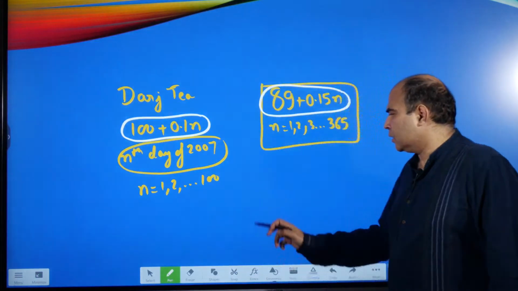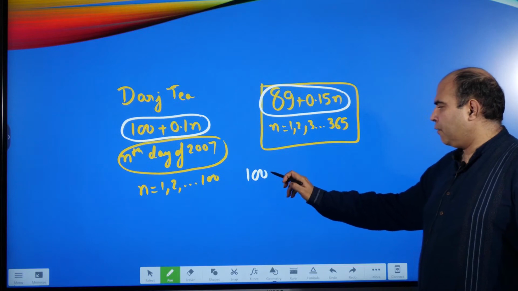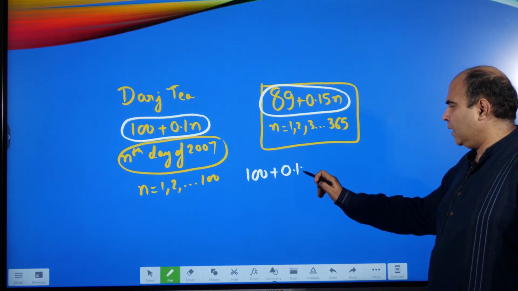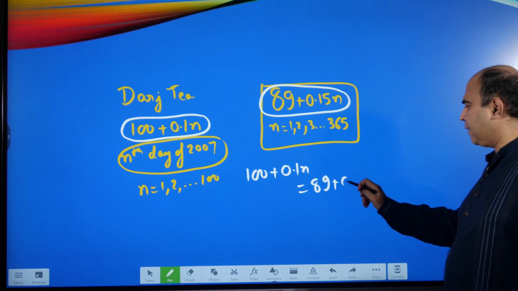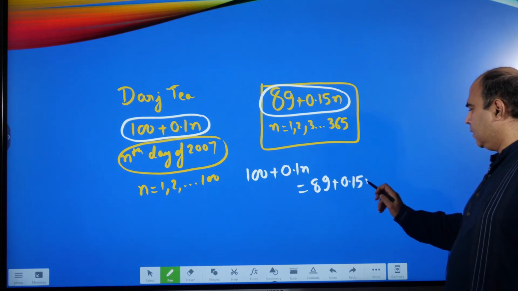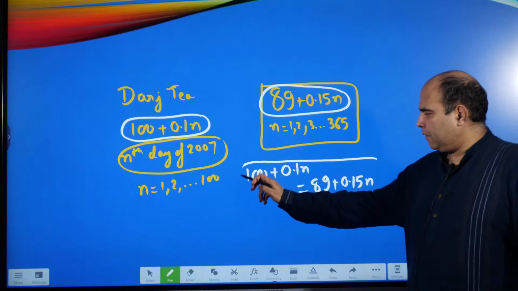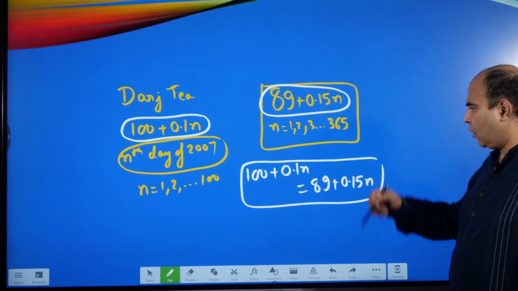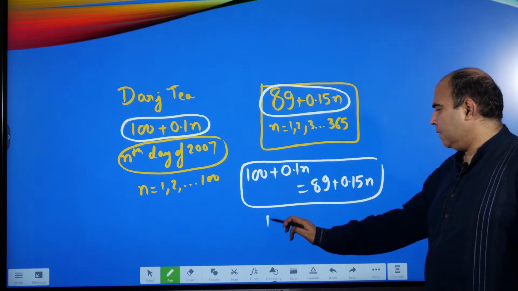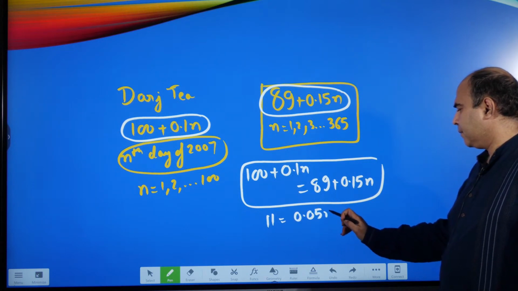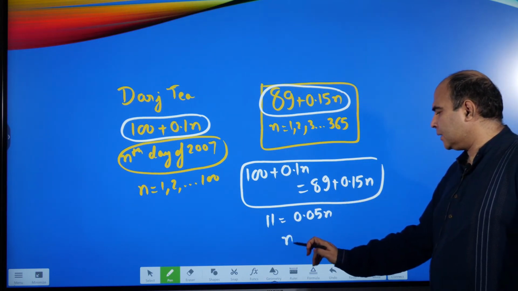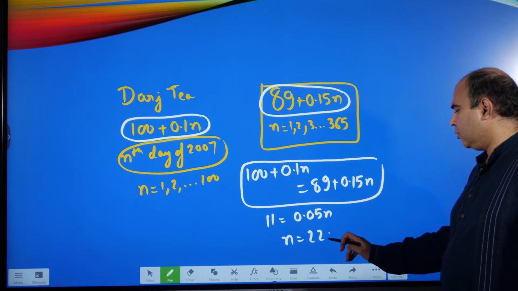So equate the two functions and solve for N. 100 plus 0.1 N is equal to 89 plus 0.15 N. When you solve it, you get 11 is equal to 0.05 N, and if you solve that, you will get N as 220 days.